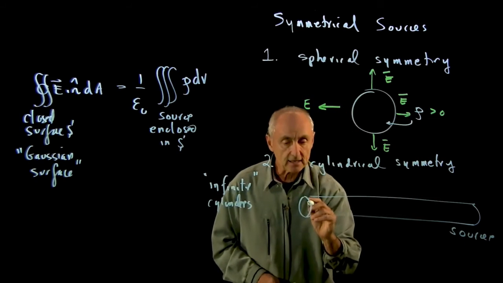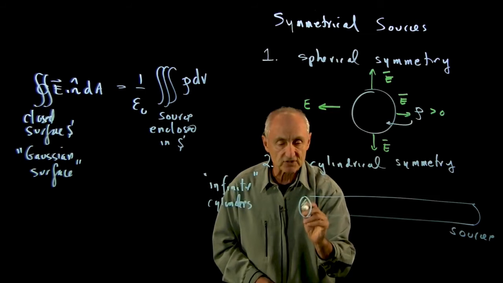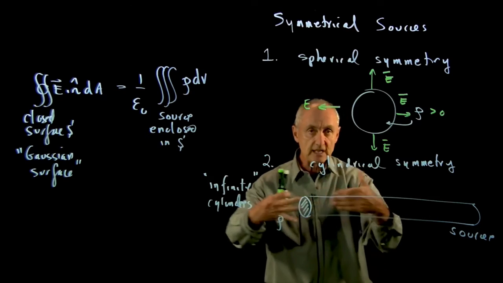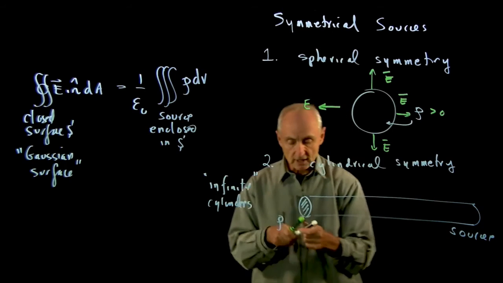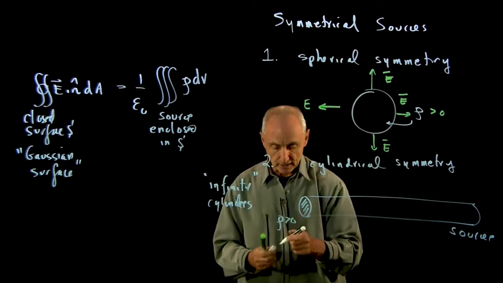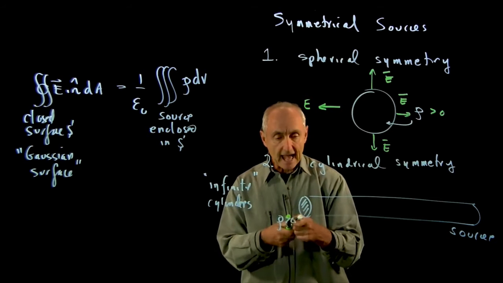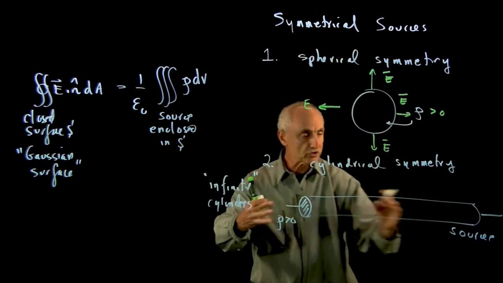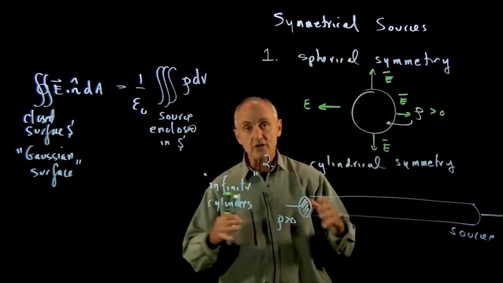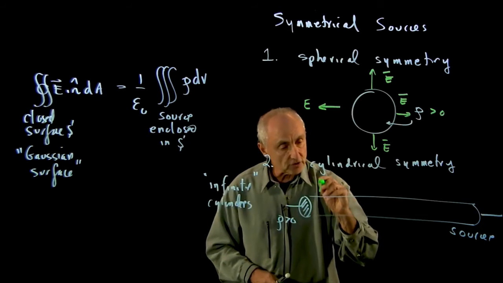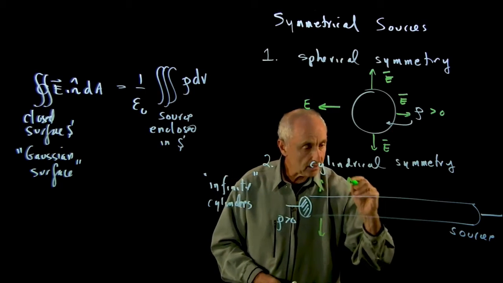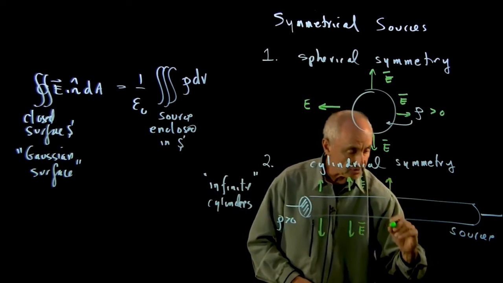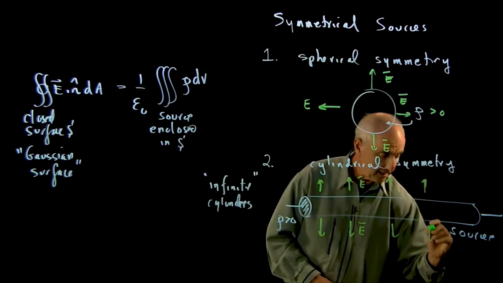If it's solid, there's a charge density rho. And for this infinite cylindrical source, because we're drawing arrows, let's make rho positive, then the axis of symmetry here is along the central axis. And we have an electric field that points radially away from the axis of symmetry.